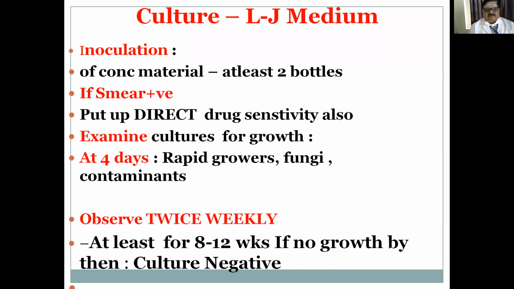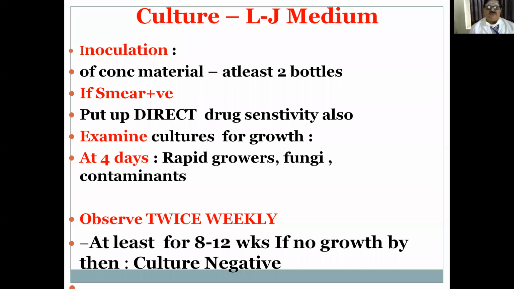On LJ medium, you inoculate concentrated material, at least 2 bottles. If the smear is positive, put up a direct drug sensitivity test also. Examine the culture for growth at 4 days, and observe for rapid growers and fungal contaminants, then twice weekly, at least for 8 to 12 weeks.